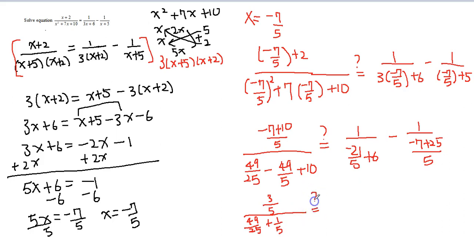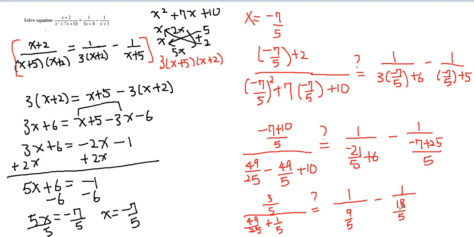Is this equal to, here you got minus 21 plus 30, so you get 9 over 5, minus, we have 7 over 25, you get 18 over 5.